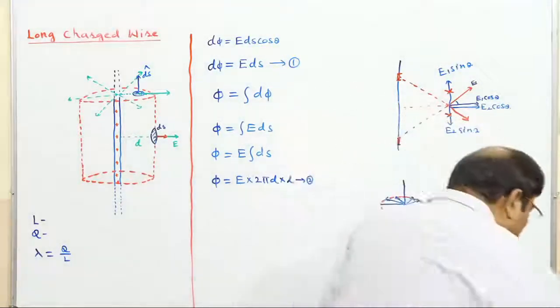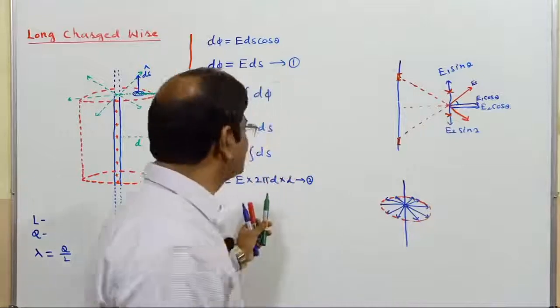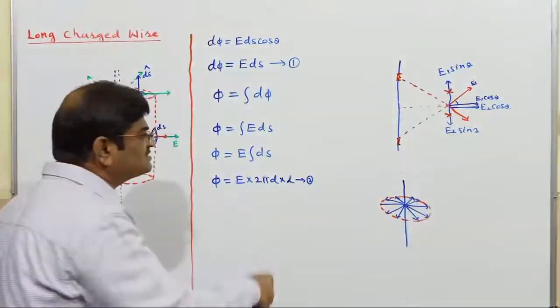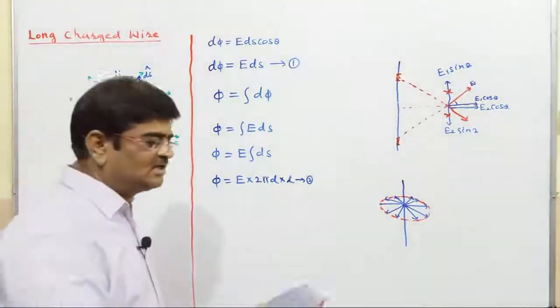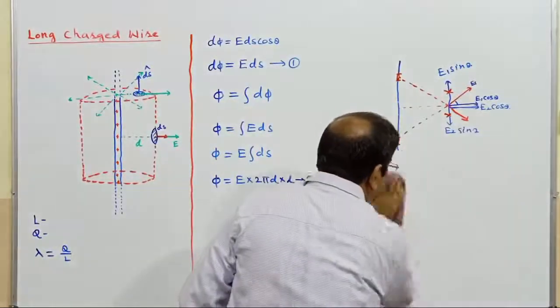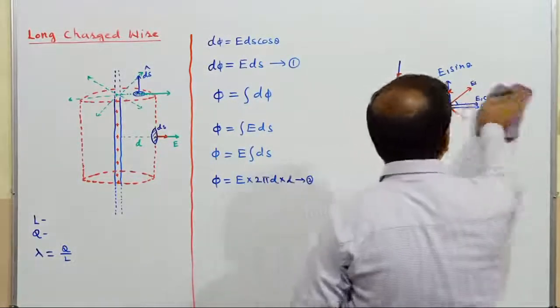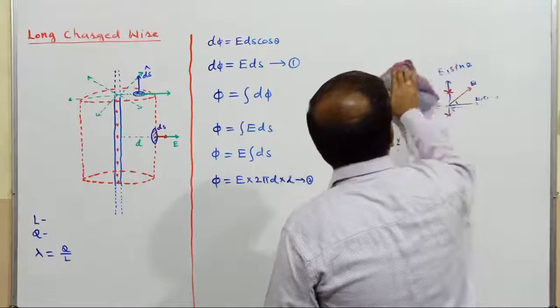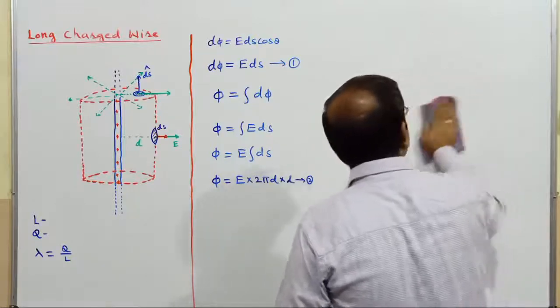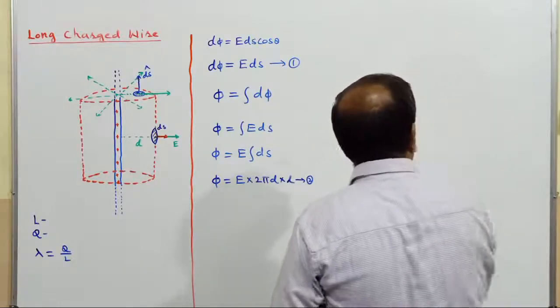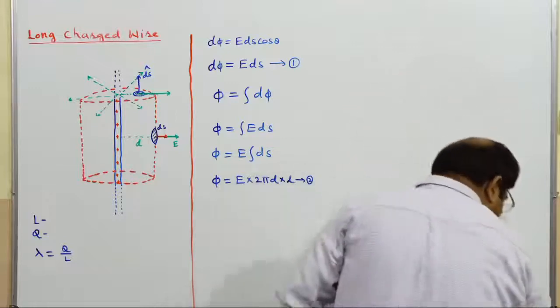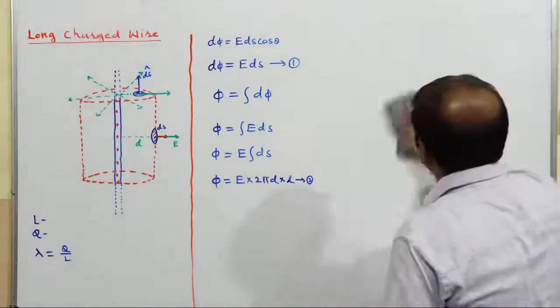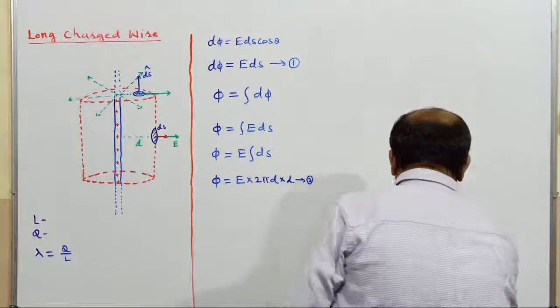So then, this itself is my total flux. Whatever I got, this itself is the total flux. Once I get that, it completes my fourth step. I have calculated flux through the Gaussian. Flux through the curved surface itself is the total flux through the Gaussian.